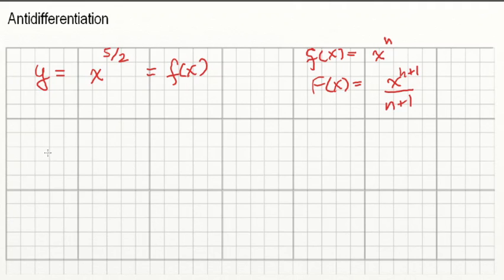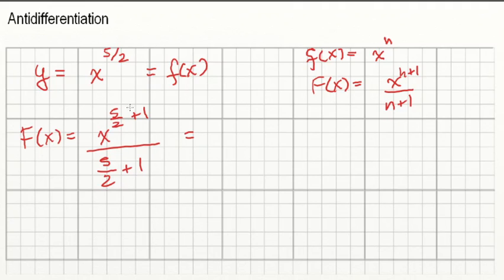So let's just apply that here. It might not be that easy to visualize as if it's a square or something like that. So let's just do this. So the antiderivative would be x to the power 5/2 plus 1 over 5/2 plus 1.